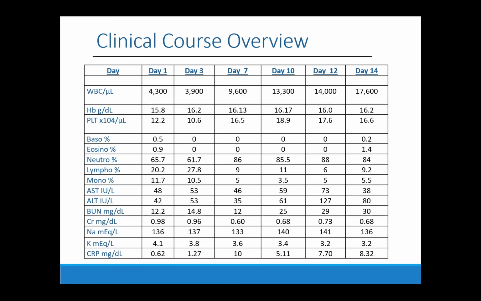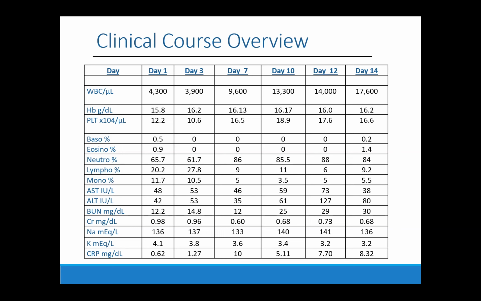That's the overview of his blood results, looking at the white cell count from day 1 until day 14. It was typical of a high count, because we had put the patient on antibiotics and steroids that definitely could have had an impact.